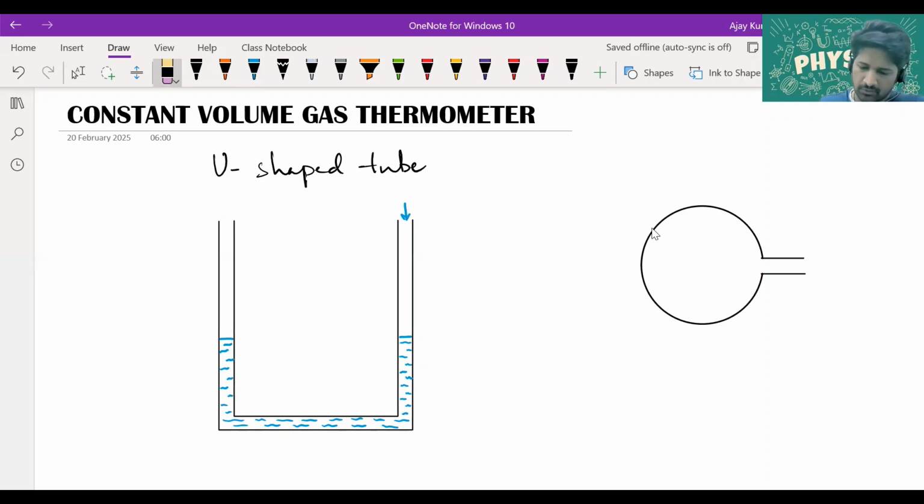In the left arm, the liquid is open to atmosphere. In the right arm also, it is open to atmosphere. So the pressure here is P naught, atmospheric pressure. Now, one of you tell me what would happen if we increase the pressure on one side somehow, maybe by keeping a piston. Let's say there's a piston here.